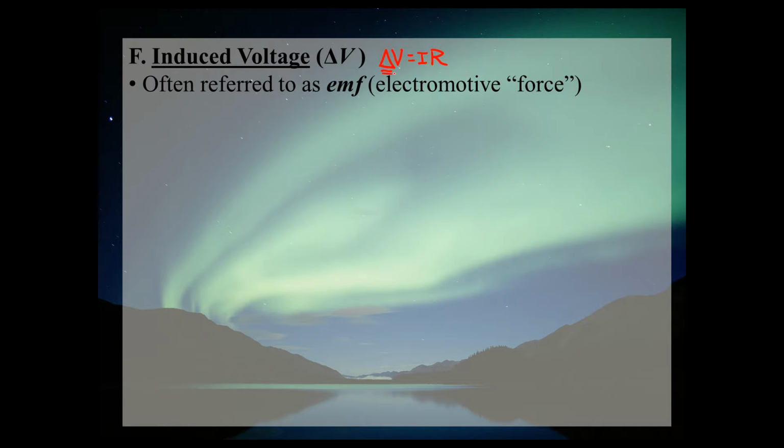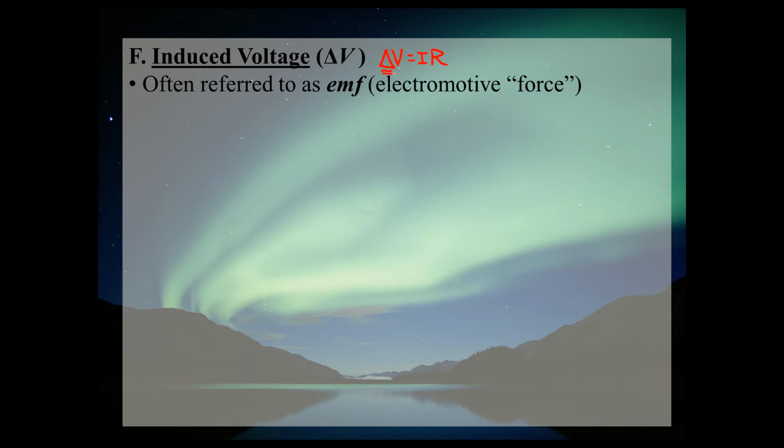Oftentimes, the induced voltage is referred to as an electromotive force. I said force in quotation marks because it's not really a force. It's not a force in the sense of some kind of external outside force pushing at my electrons, getting them to move.